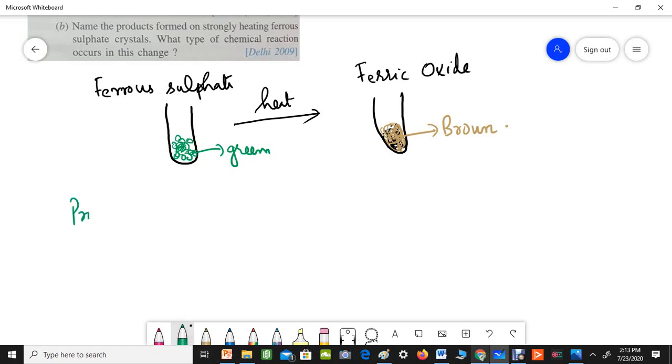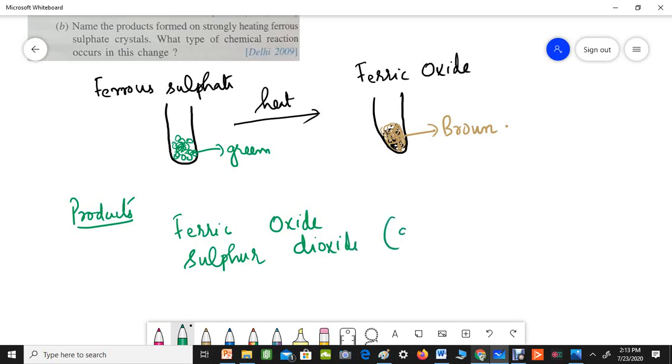The products obtained are ferric oxide, and you will get sulfur dioxide, and this is gas, and then you will get one more product, that is sulfur trioxide. Sulfur trioxide, that is also gas.